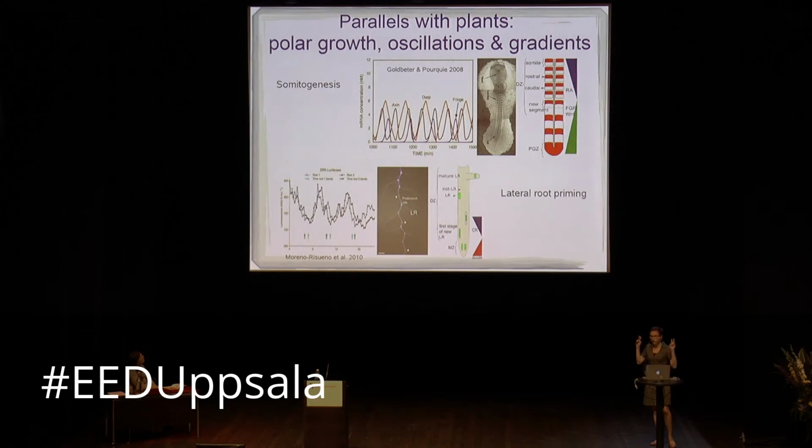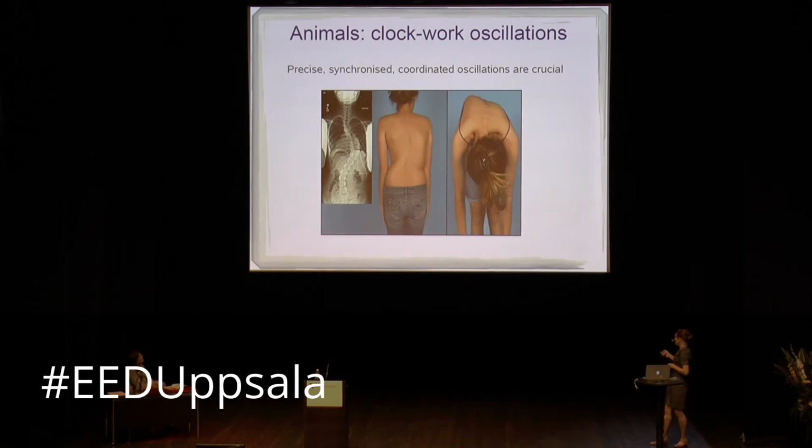So what do plants want and what do animals want? Well, here we see a poor girl that has a quite severe form of scoliosis, and you can imagine that this brings with it a lot of back pain, and that this will severely hamper her physical abilities to do things.